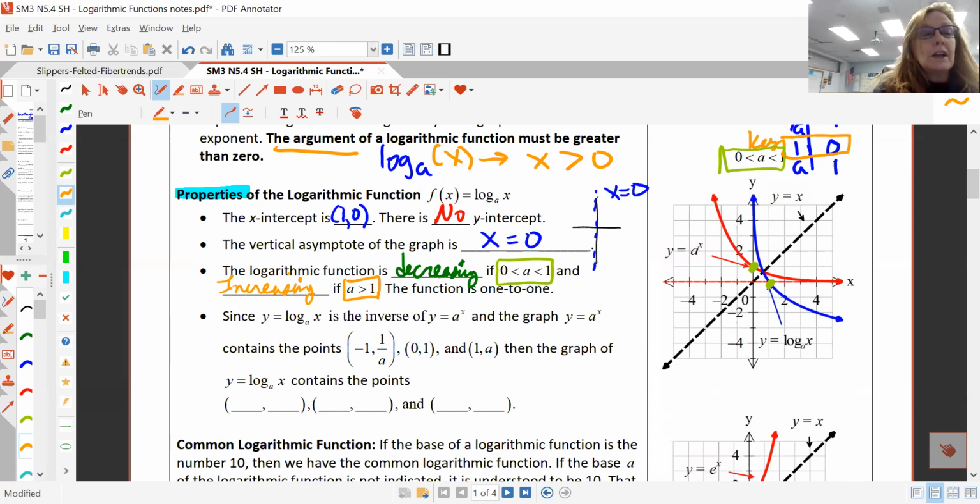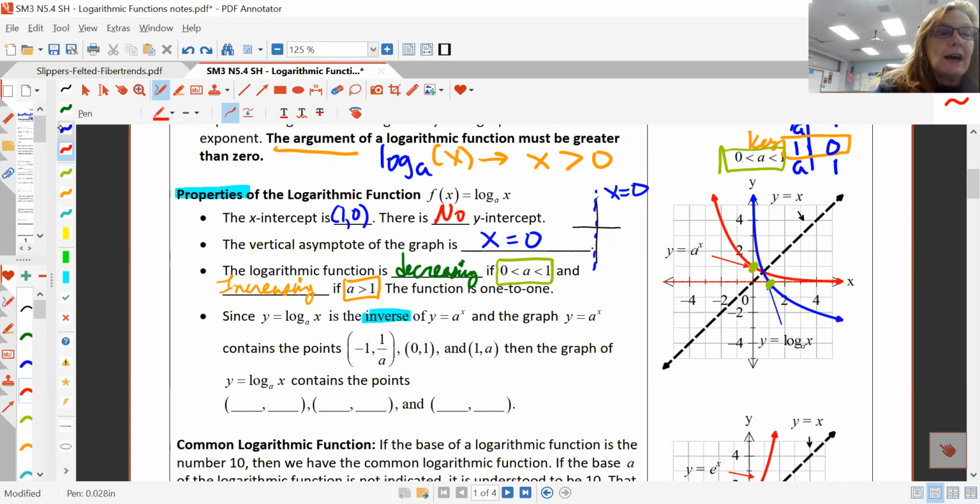So since they're inverses, again, here we are with the inverse statement one more time. Since they're inverses, and you have these points, these are the points you have by default for an exponential. If you have those points for an exponential graph, then you have to have the opposite set of points for your inverse graph. That's kind of what we did on that top graph.